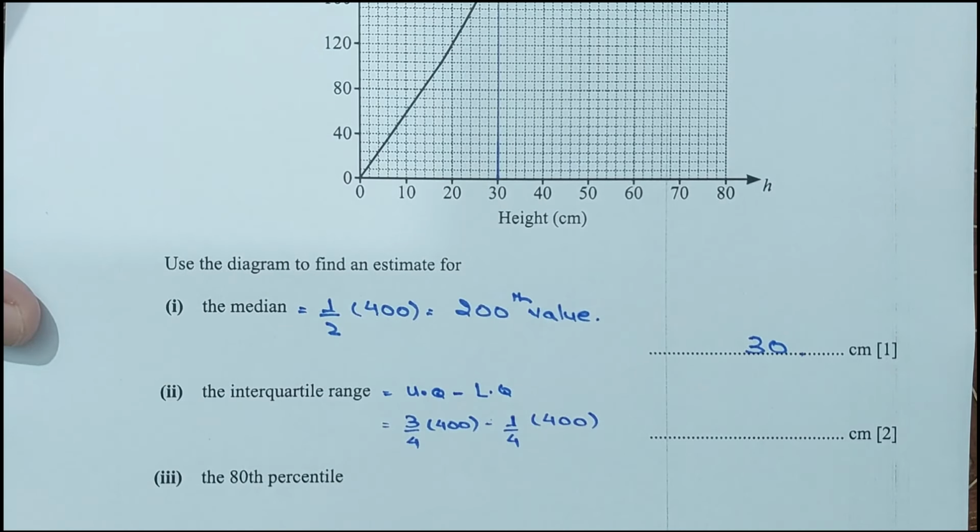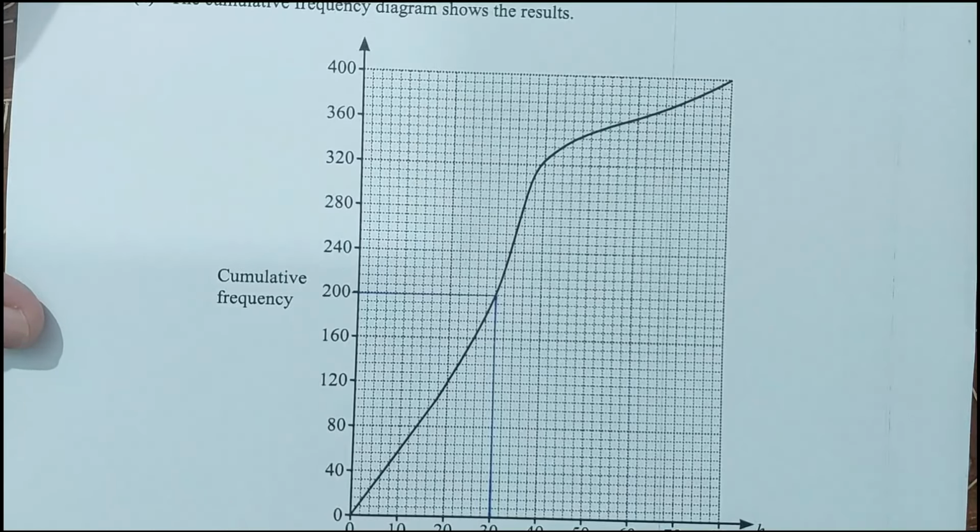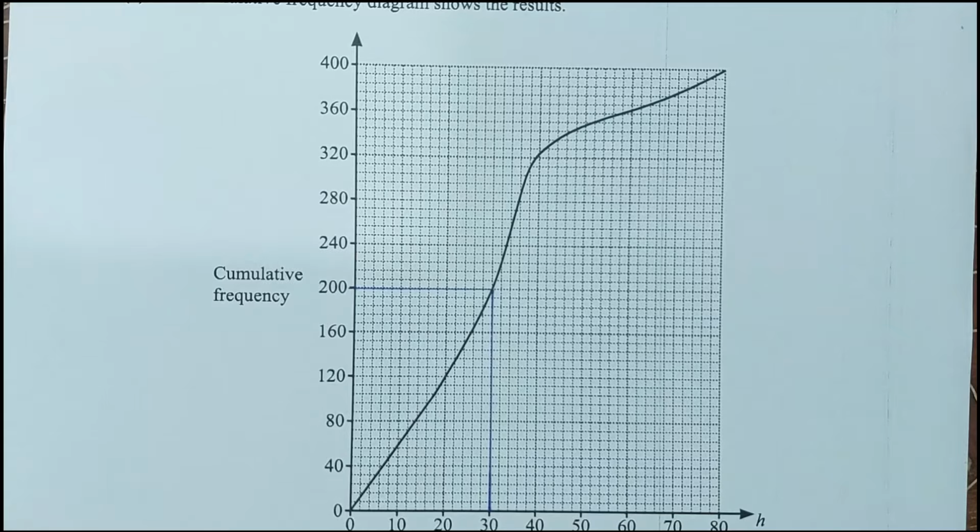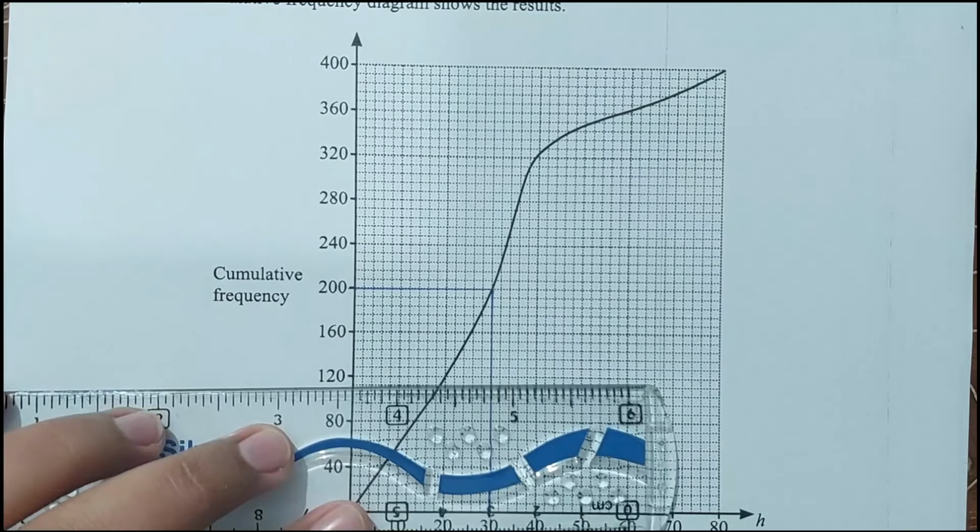So what is 3 by 4 of 400? 400 divided by 4 is 100, and 100 times 3 is the 300th value. So we have to find the 100th value and the 300th value, and do their difference.